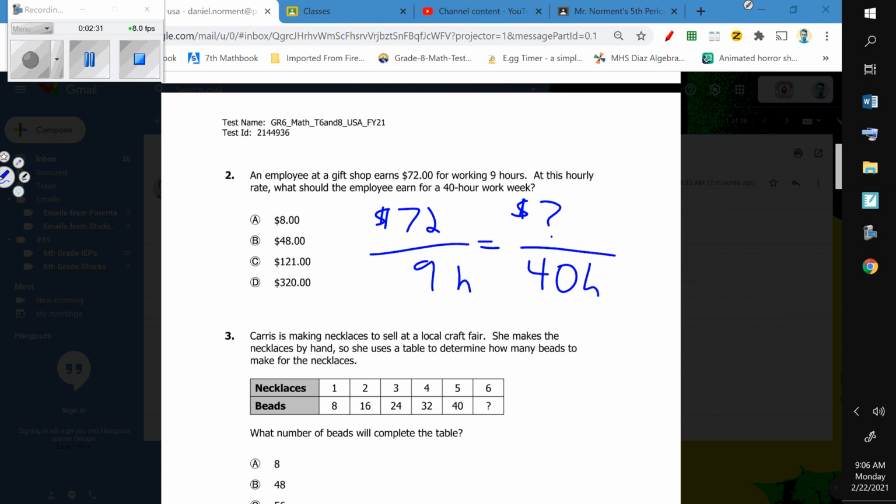That's how you can use proportions to solve questions like this. Or you can divide, find the hourly rate, how much money per hour, and then take that number and multiply times 40. There's 2 different ways to do that. Do whatever one you think is best.